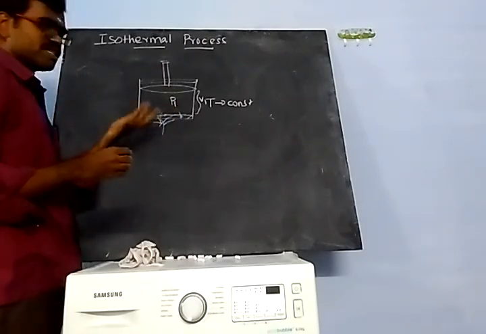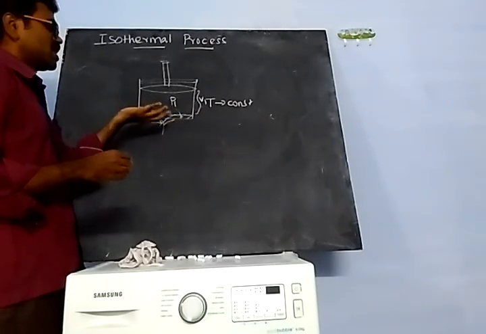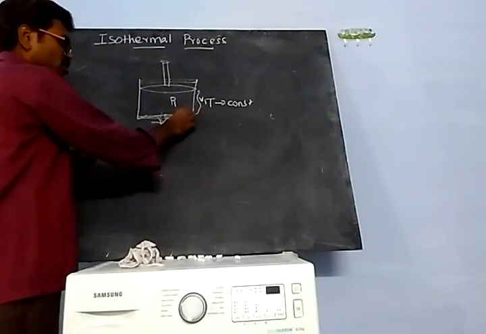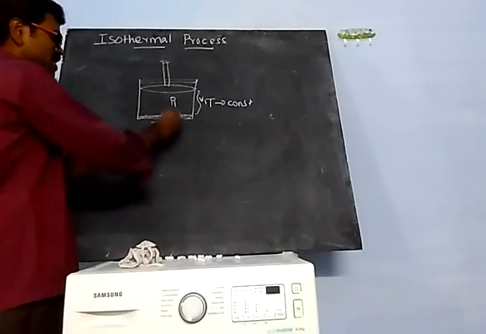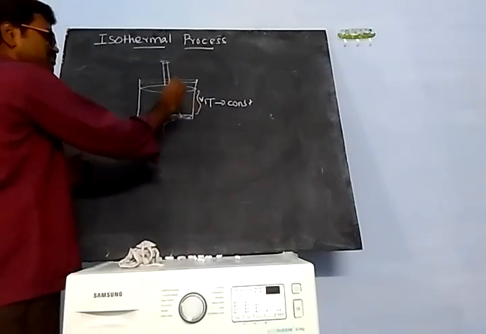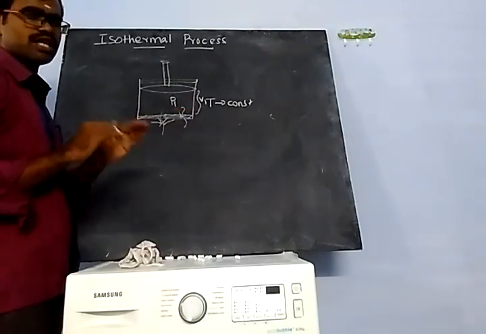The temperature is constant because this is thermal contact. The thermal contact connects the environment and the piston, so both are in equilibrium.